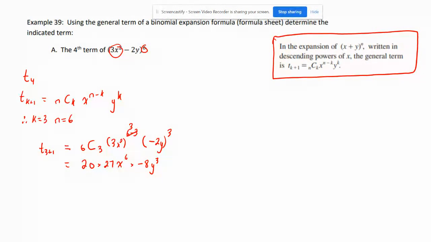We have 20 times 27 times negative 8 gives us negative 4,320 x to the 6 y cubed. Okay, so what this is telling us over here is, I'm going to show you another way of kind of why this formula works.